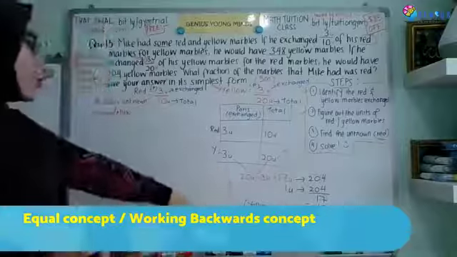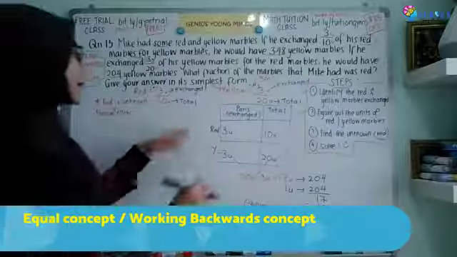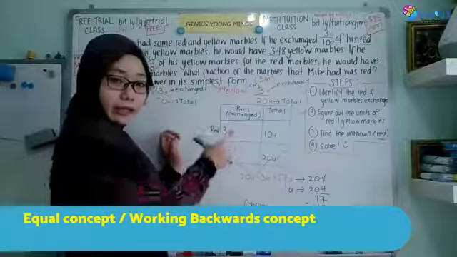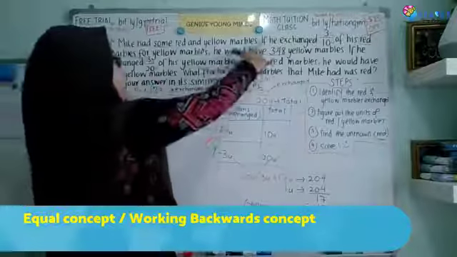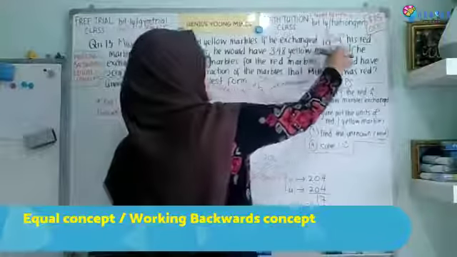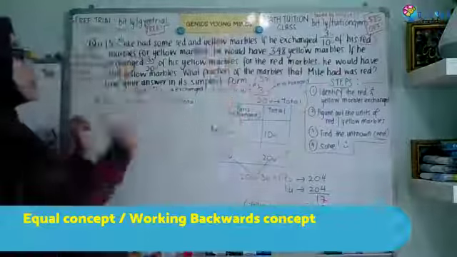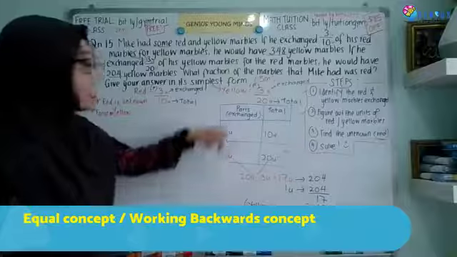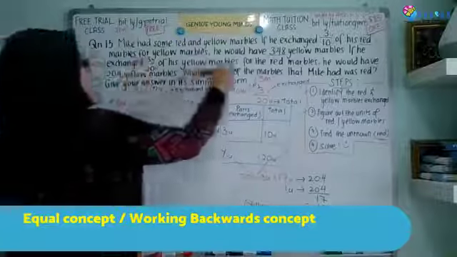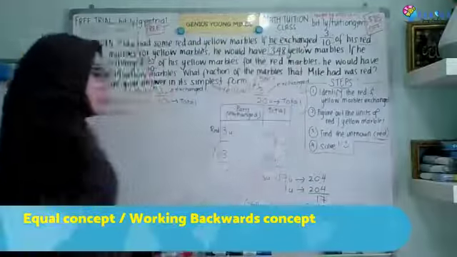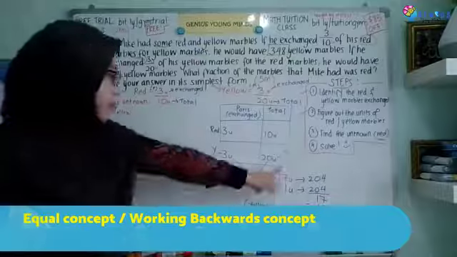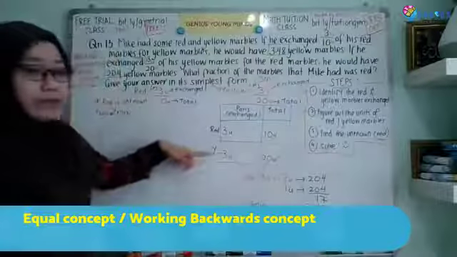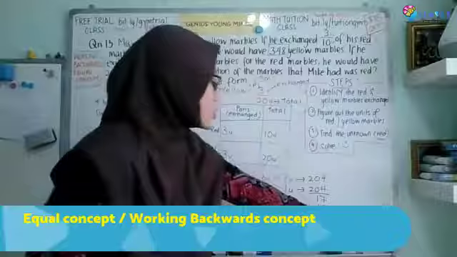Now we are going to go back to my first one, my red. If he exchanged 3 over 10 of his red marbles for the yellow marbles, we know that they exchange equally. Let's look at the yellow marbles here. How much does he have? He has 3 over 8. We know that from the yellow marbles, in the end, he has 20 units, which is 240.